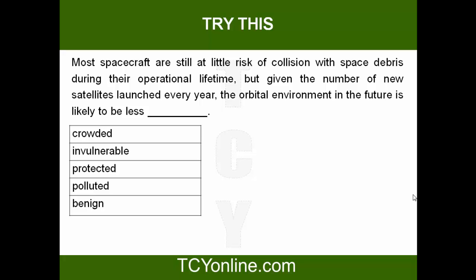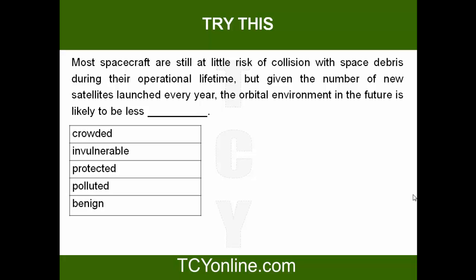But given the number of new satellites launched every year, the orbital environment in the future is likely to be less blank. Okay, so we are launching more and more satellites every year. So the orbital environment in the future for these satellites is going to be less blank. Less is negative.